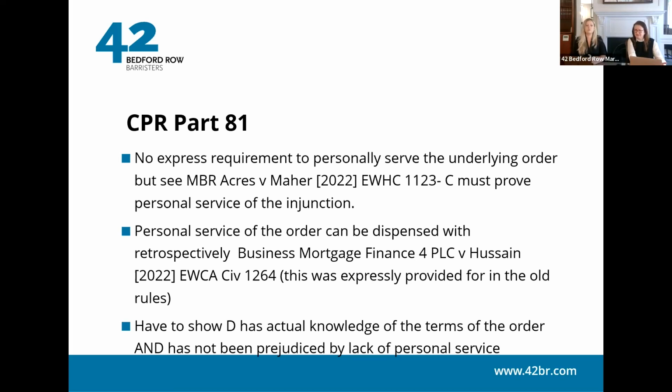It wasn't particularly clear, and there were gaps in it. So the whole point of the new Part 81 was to have a streamlined procedure where all your rules were in one place and everyone would know what they had to do. And the reason that was necessary was because so many applications were being adjourned because applicants hadn't complied with a rule of which they weren't aware.